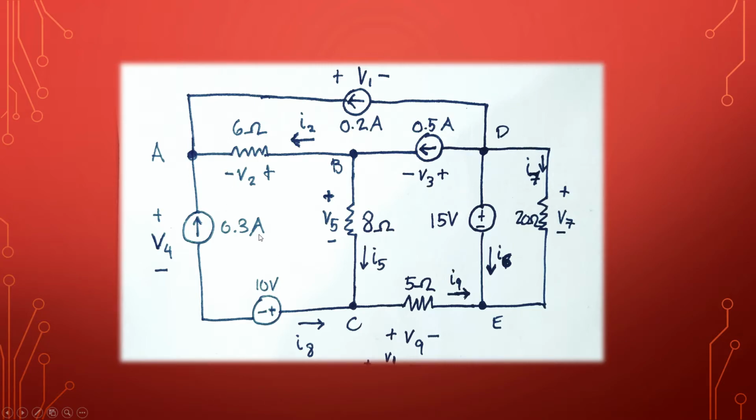We might use KCL, KVL, whichever is your strategy. You just need to make your life simpler, so might as well name each of the nodes. You don't have to follow this, but I named the nodes A, B, C, D, and E.